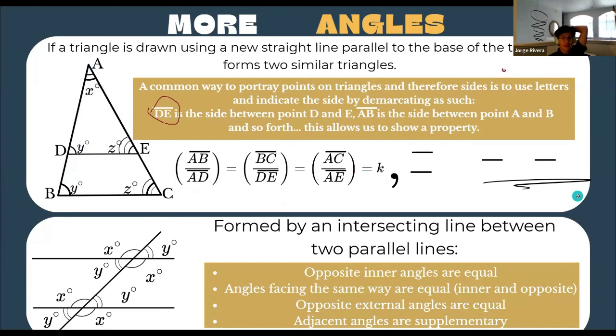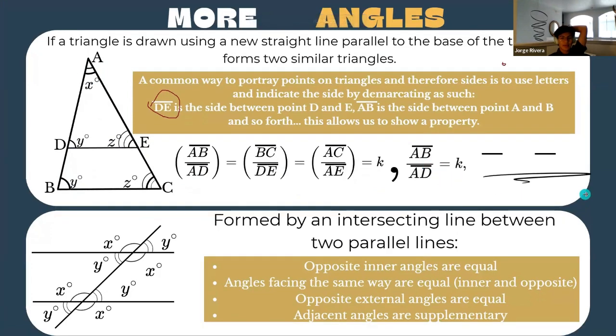So that all equals K. What that means is that AB over AD is equal to K. And if we want to find the side AD, but we don't have the value of it, but we do have K, that means we just multiply AD times K.